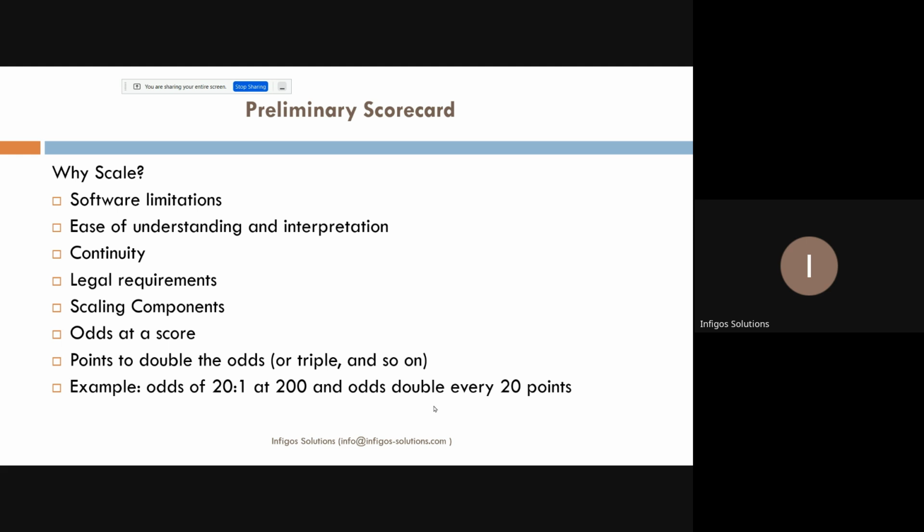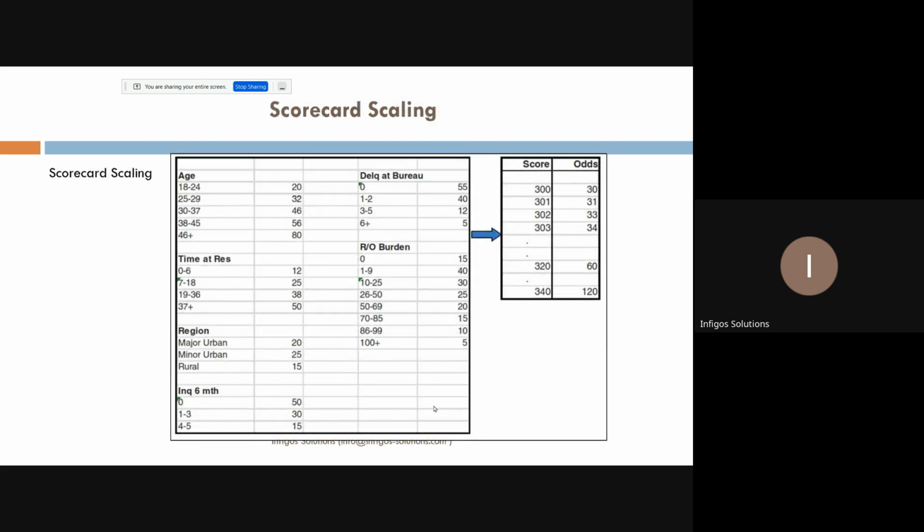So you define odds at a score, then you define points to double the odds or triple the odds, and then you calculate the PDO. For instance, in this scorecard, you have age, time at residence, region, inquiry last 6 months, delinquency, residence burden.